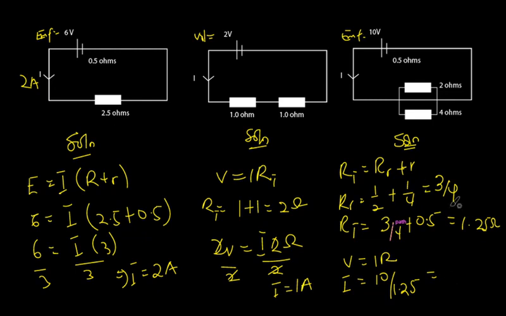So this is equal to 8 amperes. So the current passing through this whole circuit is 8 amperes. So this is how we solve examples of direct current questions using Ohm's law, and even combining the internal resistance of a cell.